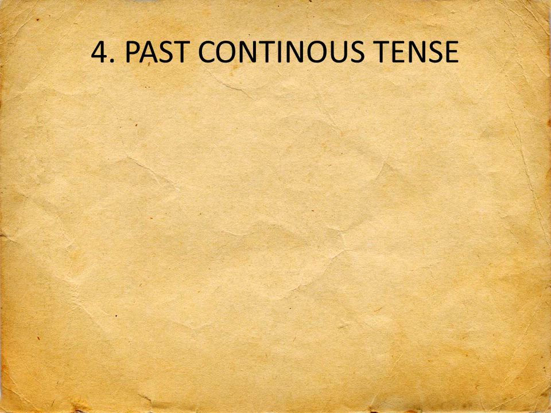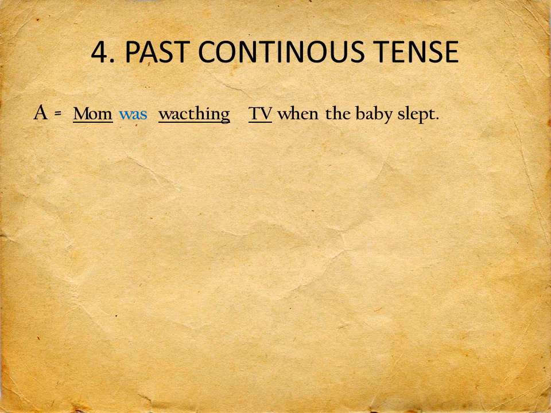Next is past continuous tense. Past continuous is used to say something that was happening in the past. For example, Mom was watching TV when the baby slept. As usual, exchange the subject and object and change the verb ing into verb 3.